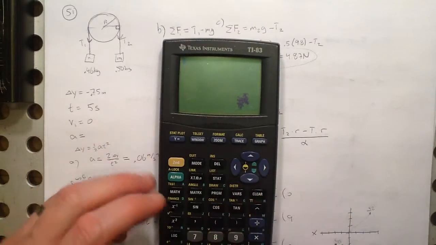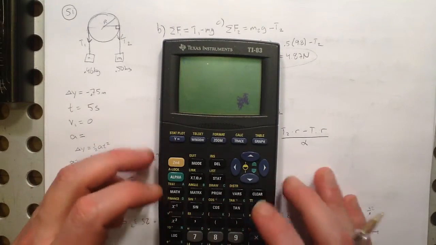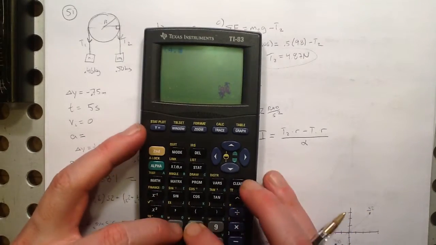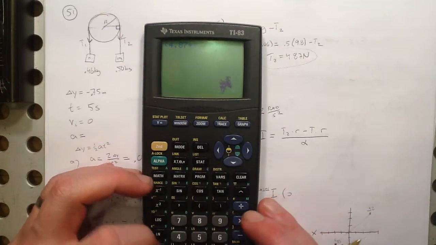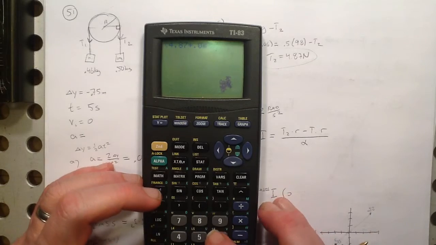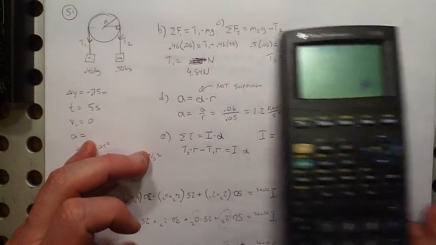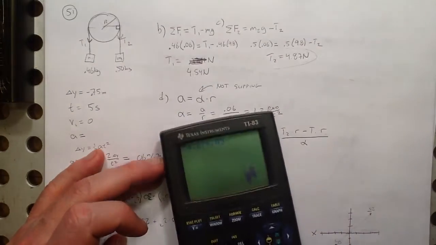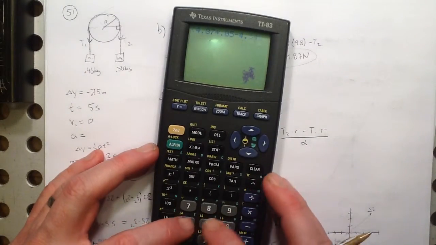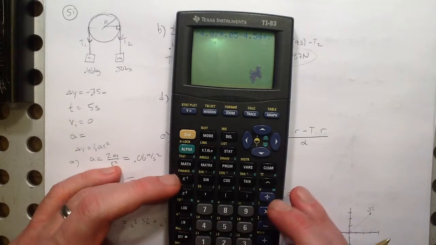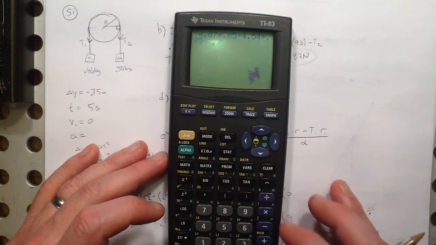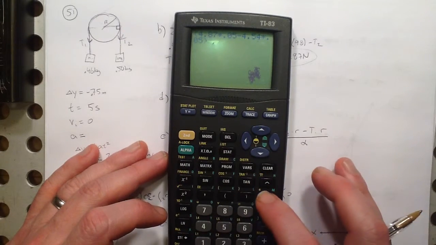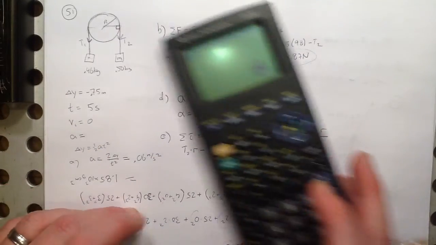So T2, 4.87 times R, what was the R? 0.05, minus T1 times R, all divided by alpha.